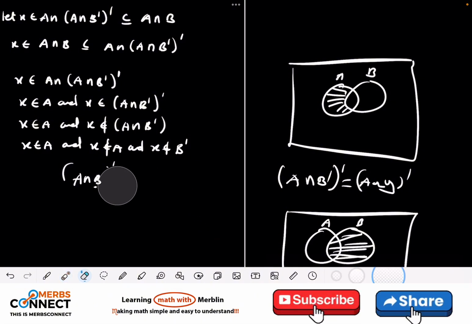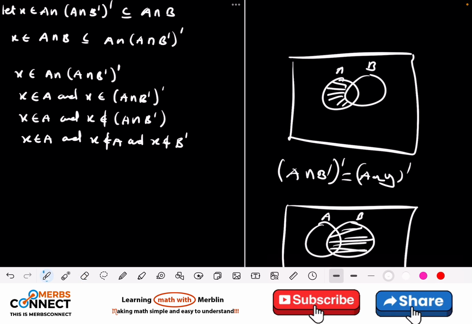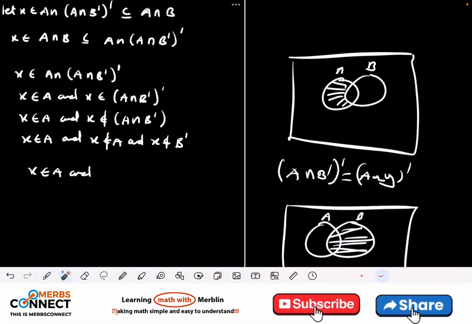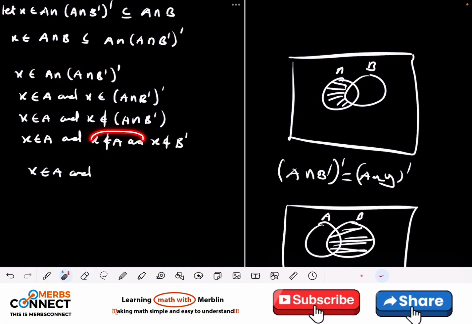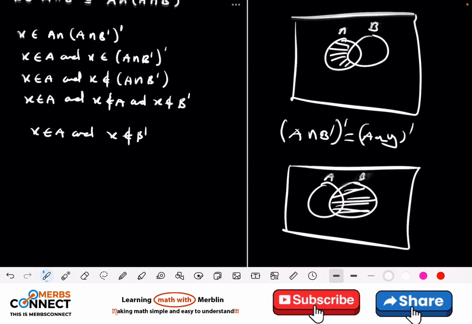So now we are going to have x belongs to A, and so I'm just going to make sure this guy goes away. So here will go away, so we will be left with x is not in B prime. So let's see what happens here.